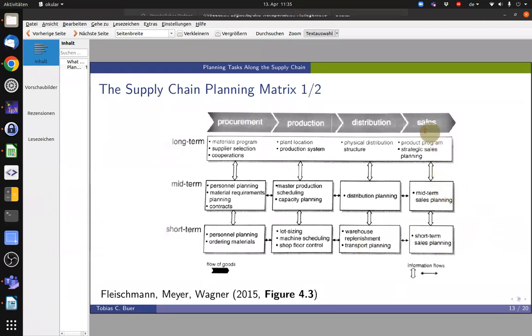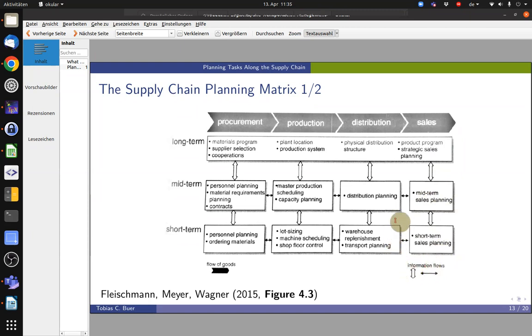And it's also done on the vertical level, so that from the sales point of view, for example, depending on what product program we plan and how much we plan to sell, we come up with some midterm plans, and the midterm plans are more specified in the short-term planning. So now we have the coordination and integration activities through the information flows, which are shown in this picture by the arrows in both directions.